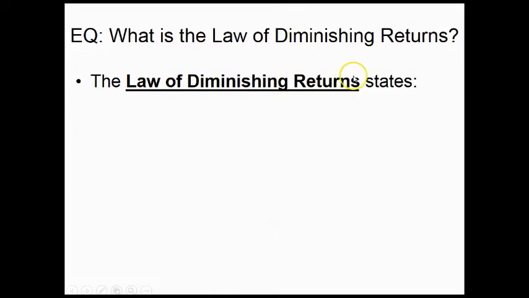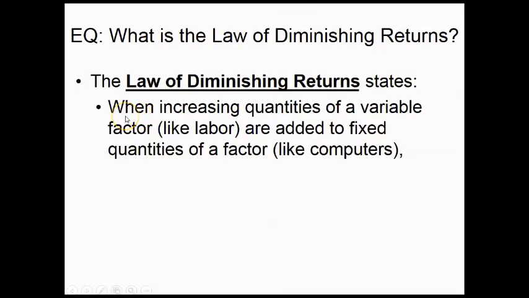The law of diminishing returns states that when increasing quantities of a variable factor, or you could also say increasing quantities of a good that you're consuming, are added to fixed quantities that are not changing, okay?